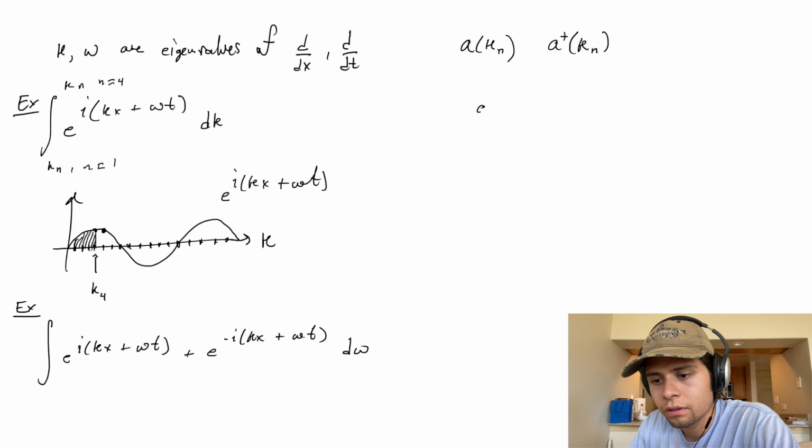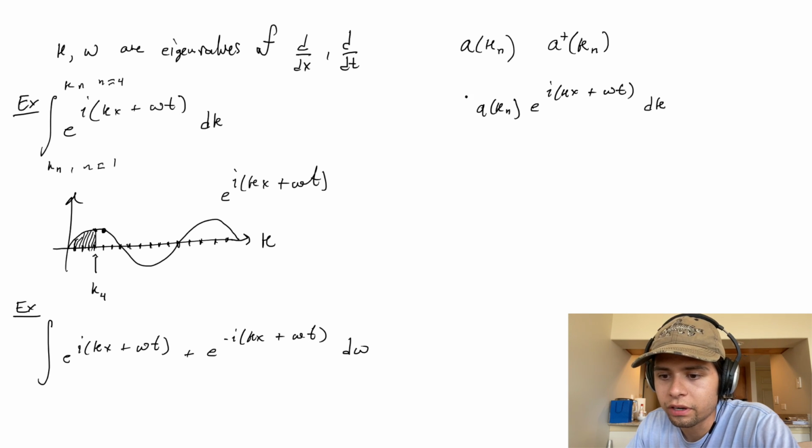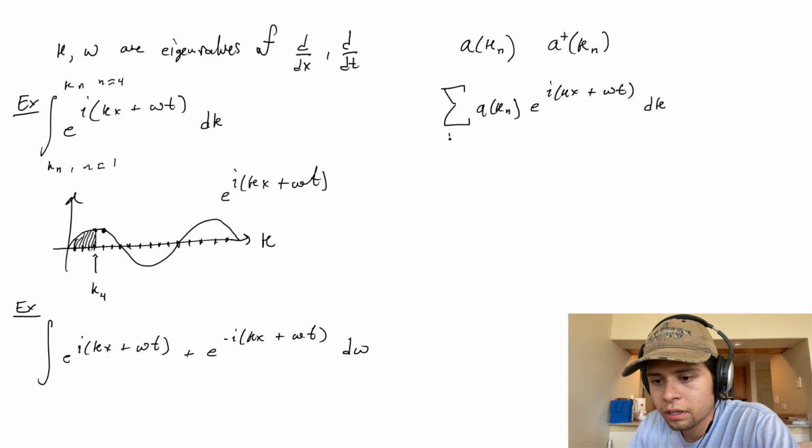So we could say that k and e to the i(kx plus omega t), and we want to integrate over k, going from k, and say there's a subscript on the n here, n equals 1. This is just another notation.